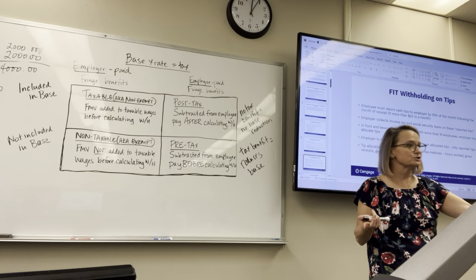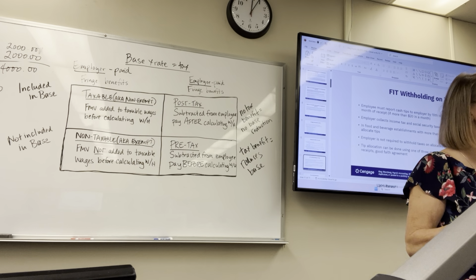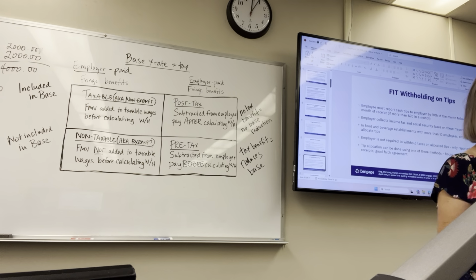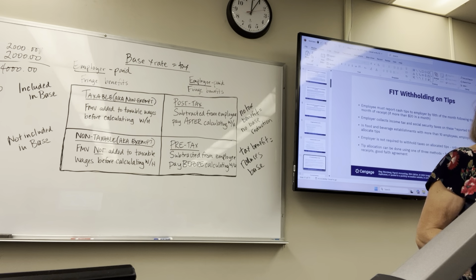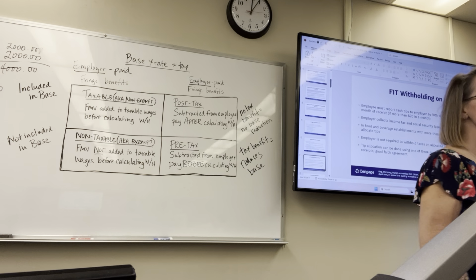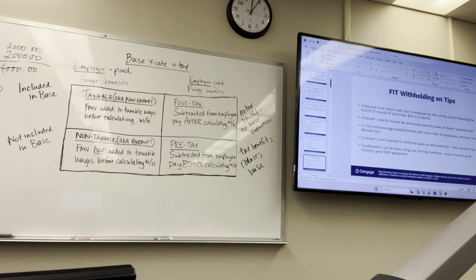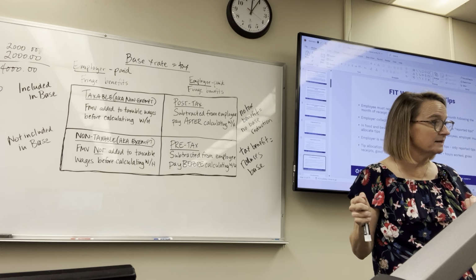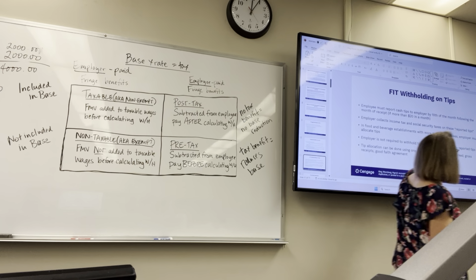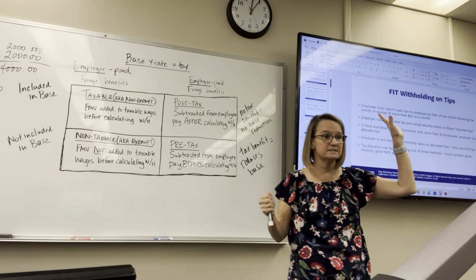It makes more sense to use gross receipts if it's a profession like wait staff. So they would assume maybe 7% tips on all of your gross receipts for the month. If you had $10,000 of gross receipts for the month, the assumption is that you made $700 in tips over the course of the month. Those are allocated tips. Establishments with more than 10 employees have to use the allocated tips.